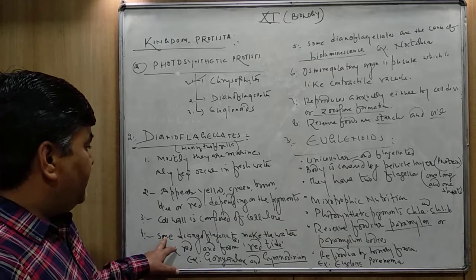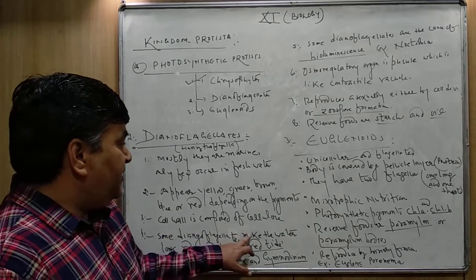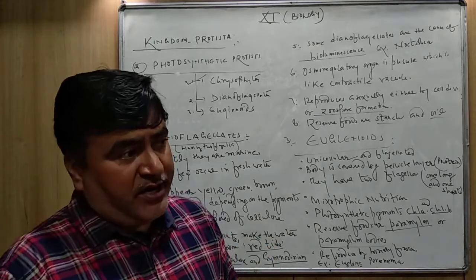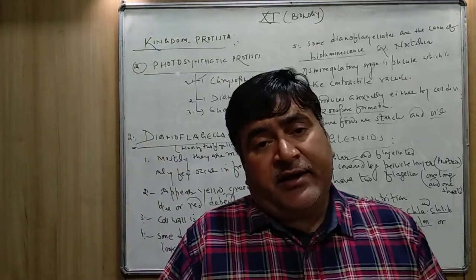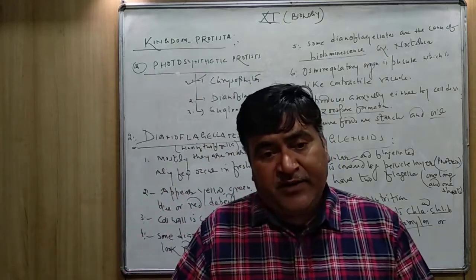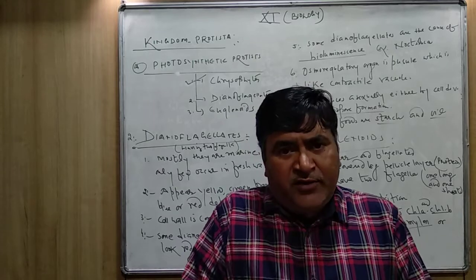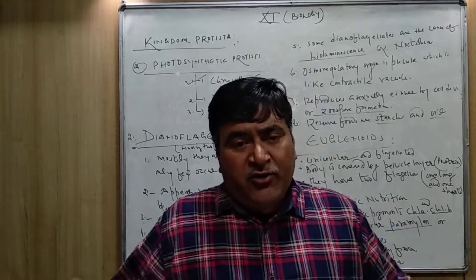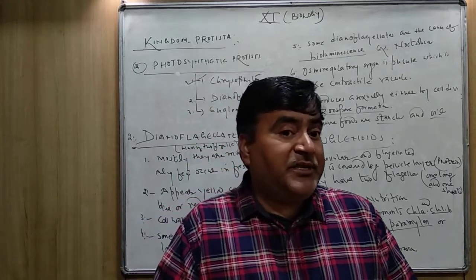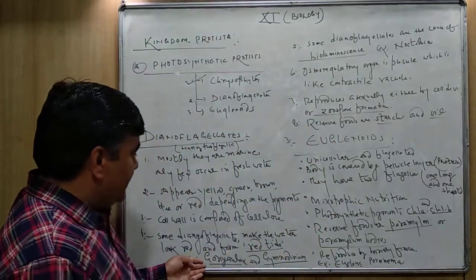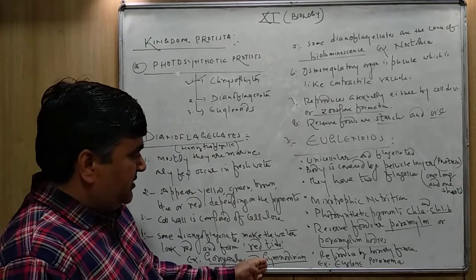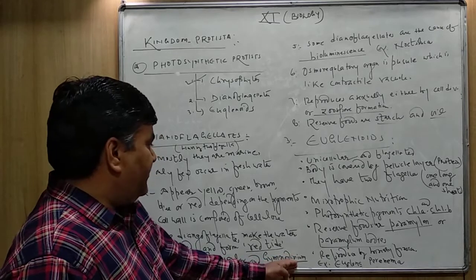Next, some dinoflagellates make the water look red and form red tide. It's very important to know which members of the Protista are responsible for the red tide. Red tide means the whole ocean looks red in color because of the presence of some dinoflagellates like Gonyaulax and Gymnodinium.